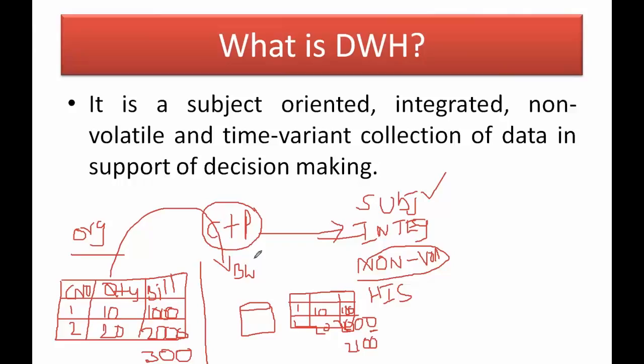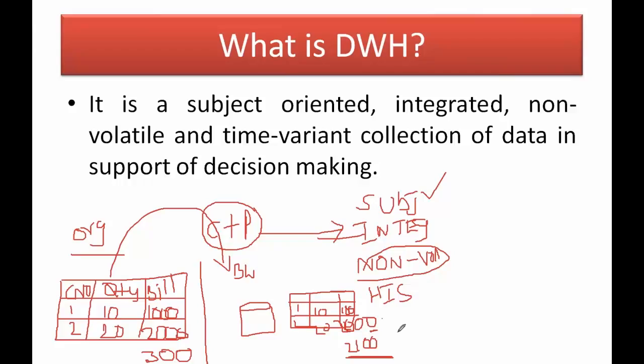When I load into BW, I made a mistake and added 10, and my reports are displaying 2100. I'll go to my management. In one hand I will give cash, in the other hand I will give the report. Management will count the cash, it says 300, and look at the report, it says 2100.